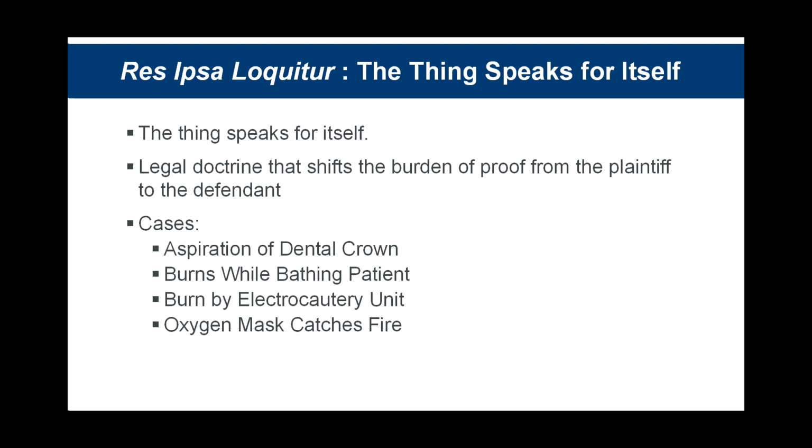In these situations, once the plaintiff establishes the event's unusual nature, it becomes the defendant's responsibility to explain or disprove any negligence, acknowledging that under normal circumstances, such incidents would not happen without someone acting carelessly.